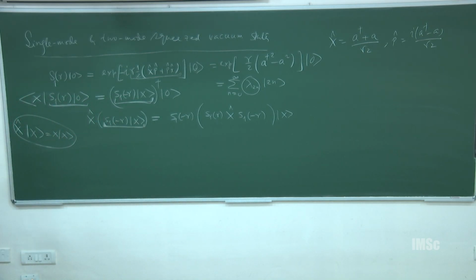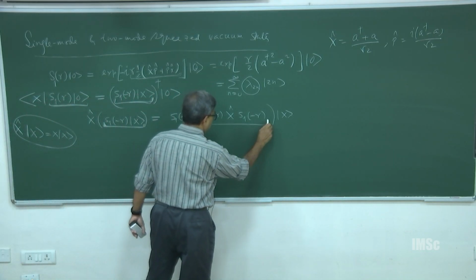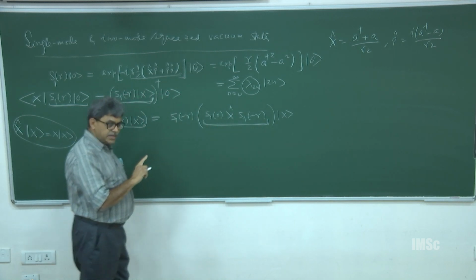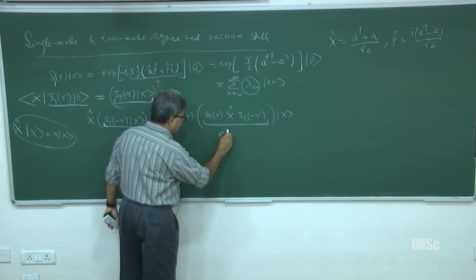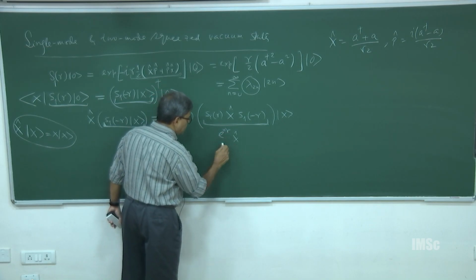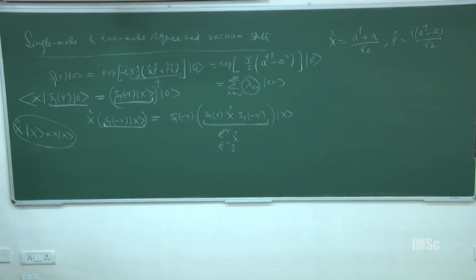Now this maybe I have done already. What will this one be? Whether it is e to the power plus r x or e to the power minus r x, that is what I need confirmation on. Otherwise we can do it again, but it will be unnecessary wastage of time.